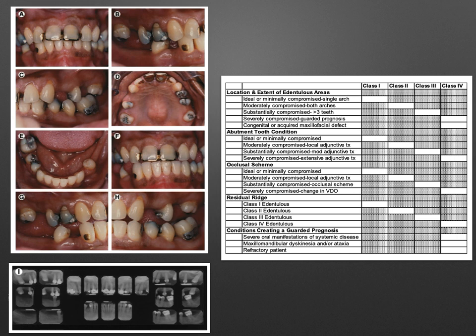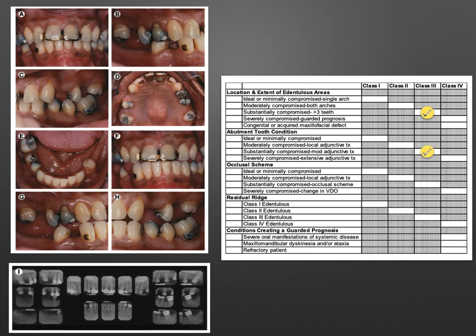So it involves the right and left. And also on the lower, there are multiple missing areas. The lower right is missing the premolar and the molar. Also on the left-hand side, the second molar is missing. So these cases involve a lot of missing teeth. That's why we say this is a class 3.